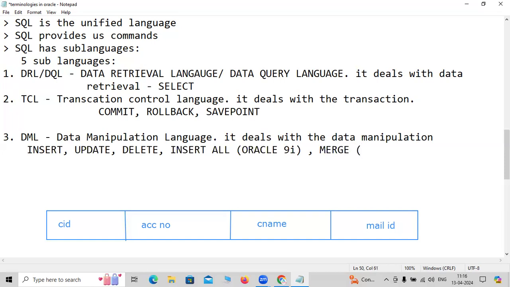This was also introduced in Oracle 9i. So the data manipulation language deals with the data manipulation, and it offers the commands like insert, update, delete, insert all, and merge.